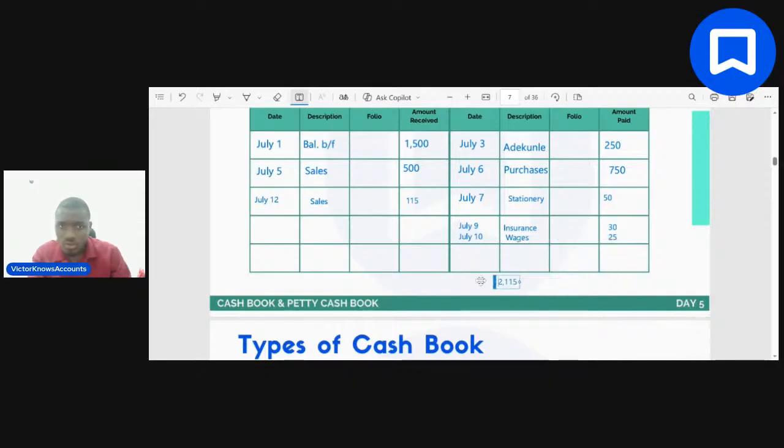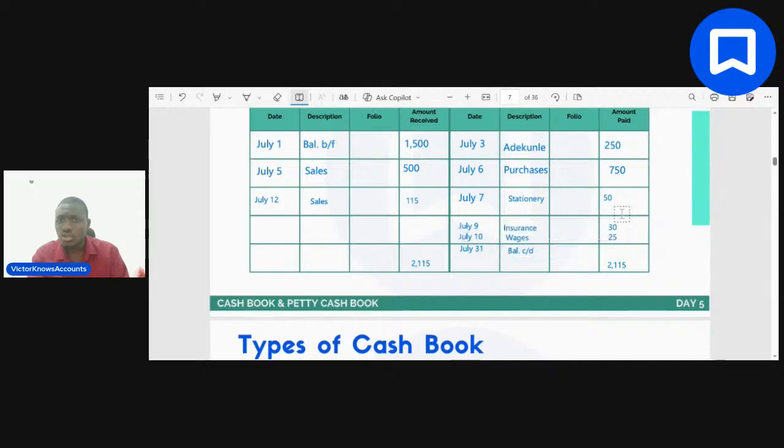Yeah, 2,115. We also have 2,115 here, right? But of course, on July 31, you'd notice that your credit side is not up to your debit side. So the remaining will be transferred as what? That's your balance carried down, the amount that remains after the whole thing.